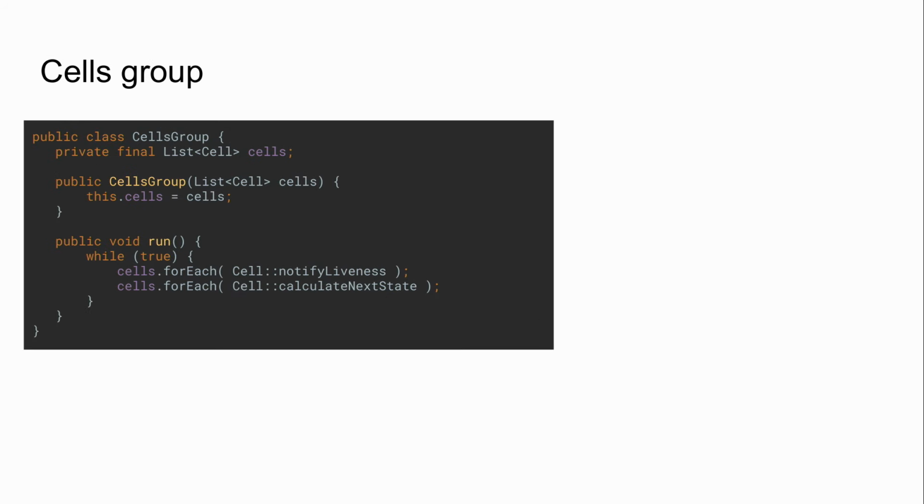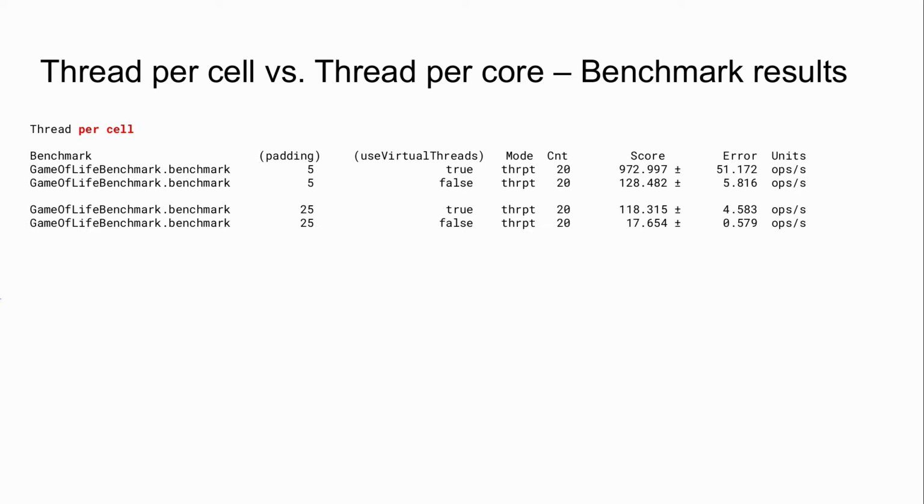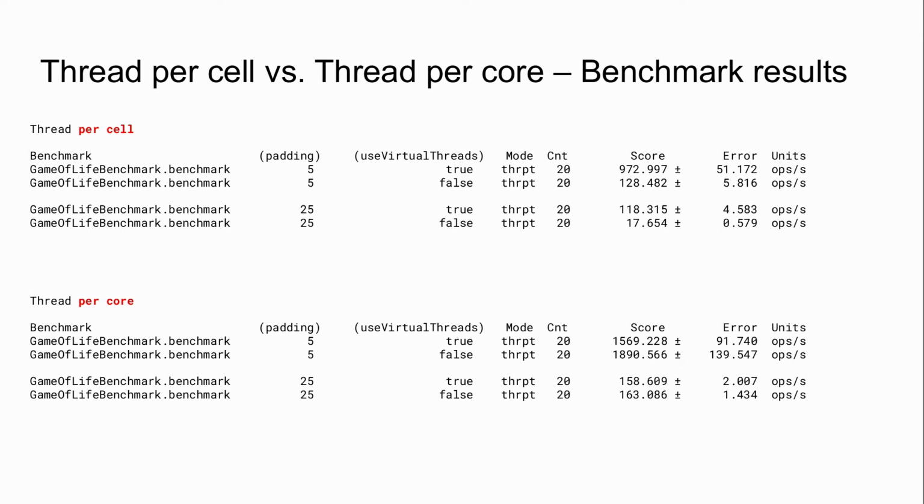Okay, so a cell group is just a list of cells where each group first notifies the liveness of the others and then gathers the state from the neighbors and communicates its own state to the coordinator. Okay, and if I do this, of course, I'm playing more on the native thread field, and in this case, with this thread per core implementation, the performance is much better.